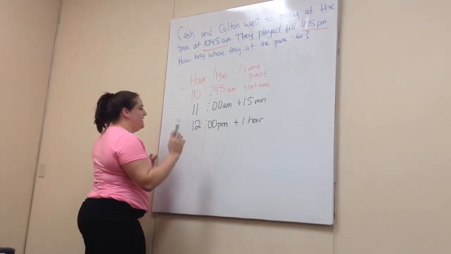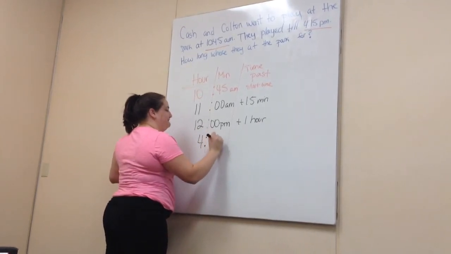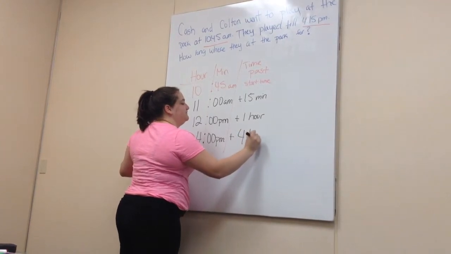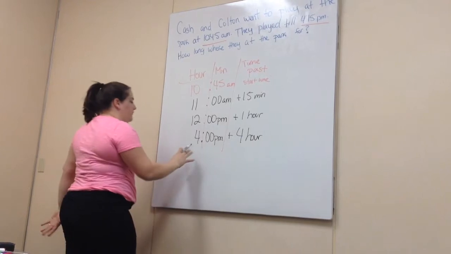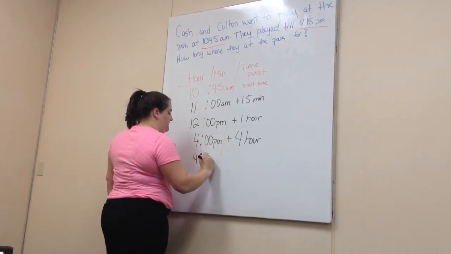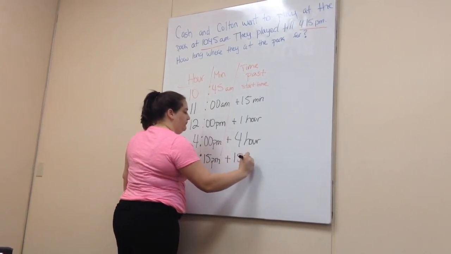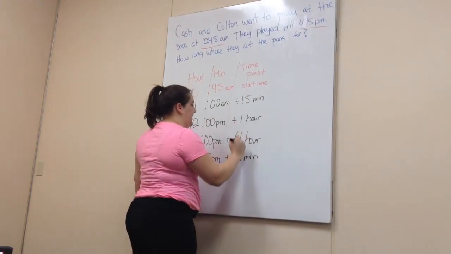So we're going to go to 4:15, so it's going to be 4 hours. So we're going to add 4 hours. Now our ending time is 4:15. So from 4 to 4:15, there is only 15 minutes. So how we're going to find the complete time is we're going to add this.